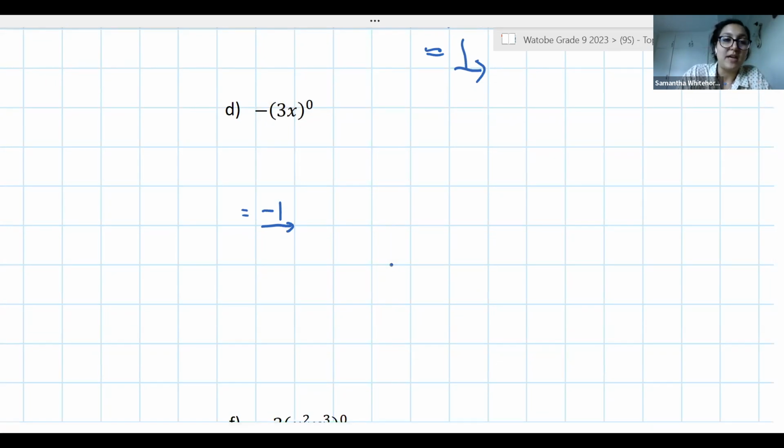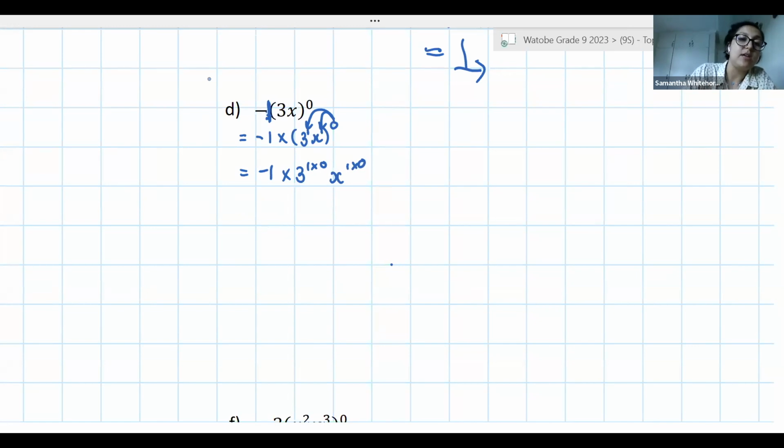The reason why we get -1, for everyone who might be a little bit confused, remember that this negative in front of the bracket, there's actually a ghost 1 there. So what this is saying is -1 times 3x to the power 0. And so again, we can do our distribution into the bracket to the exponent. So we would have -1 times 3 to the power 1 times 0, x to the power 1 times 0.